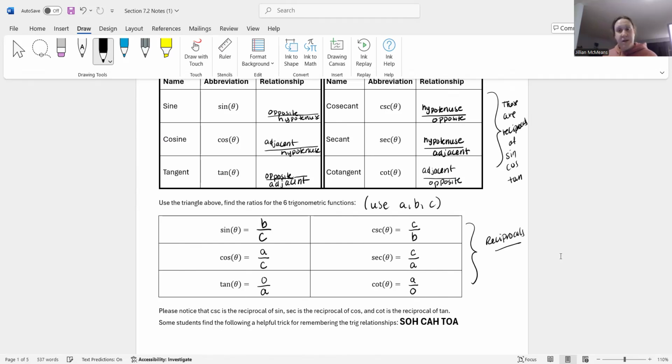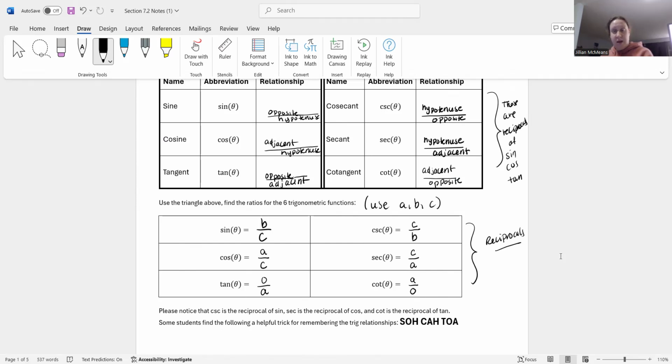Okay? Now, it's really hard sometimes to memorize things. So if we can find little ways to make things easier, that's always helpful. So try to remember SOHCAHTOA, and then if you can remember SOHCAHTOA and reciprocals, you'll be good to go. So what does SOHCAHTOA mean? SOHCAHTOA stands for sine is opposite over hypotenuse. So S for sine, O for opposite, H for hypotenuse.